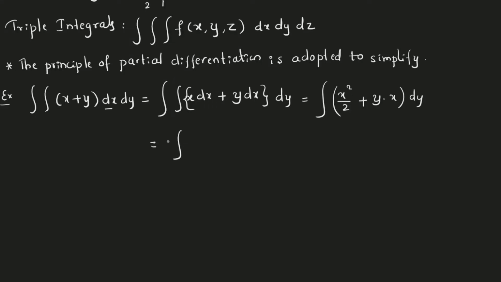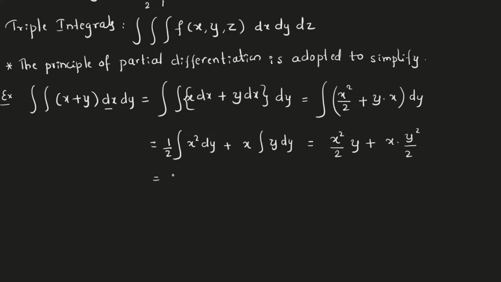x square by 2, or 1 by 2 x square dy, plus x axis constant, now x into y into dy. So this is nothing but again x square by 2 integration of dy, which is y, plus x as it is, integration of y is y square by 2.